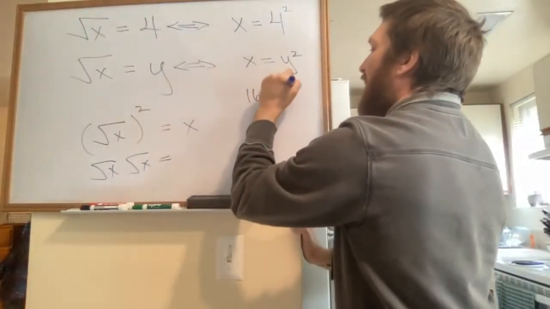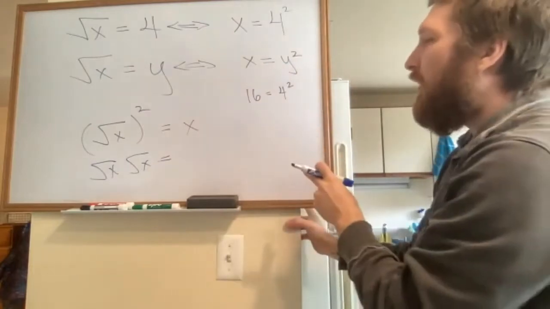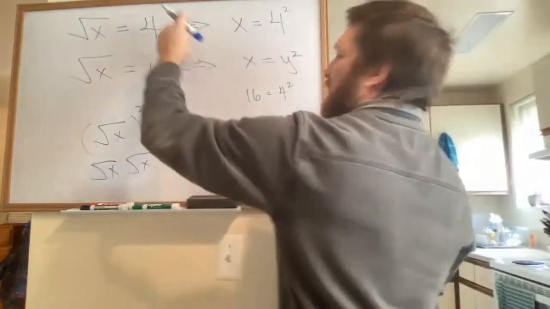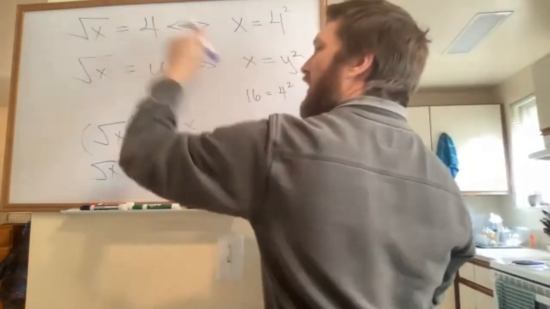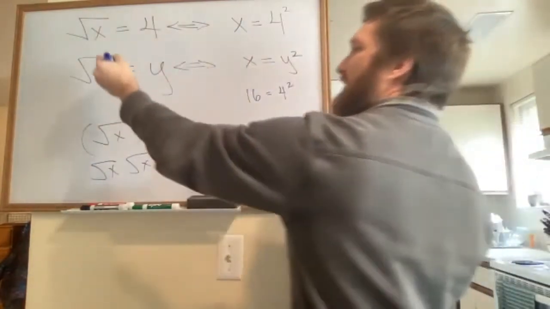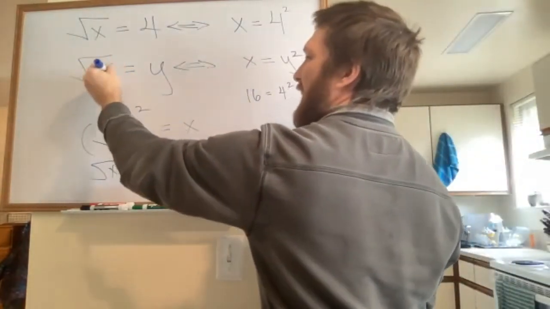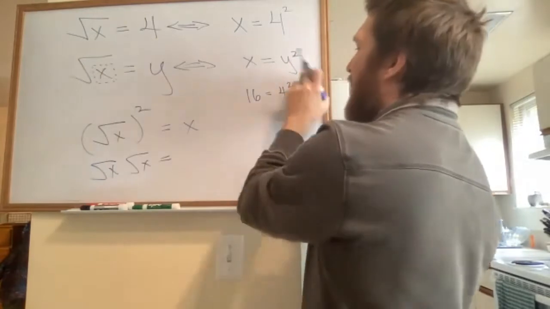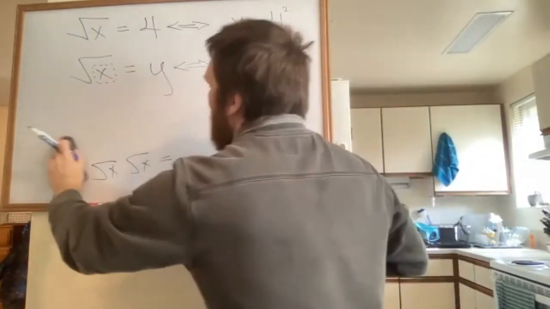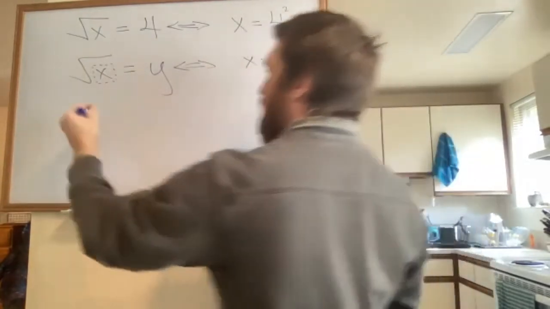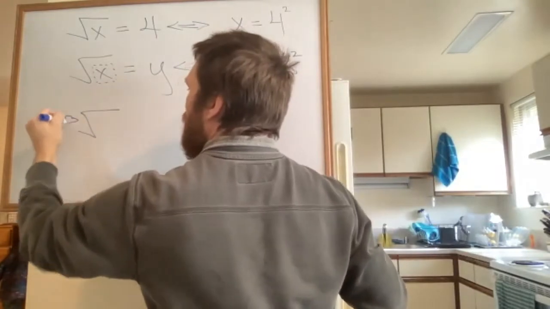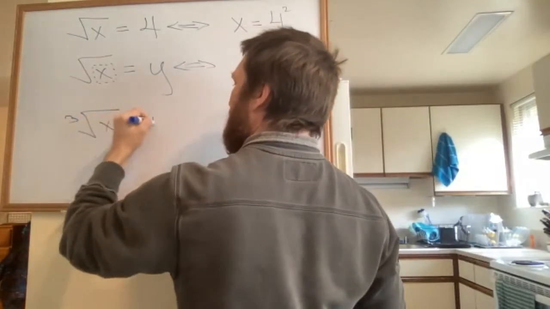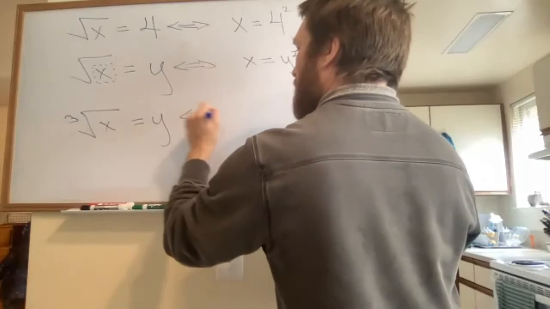But how did we get that? Square both sides, and this is how you get that guy to come out.